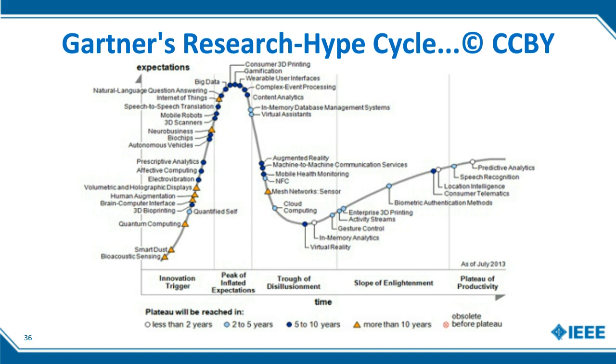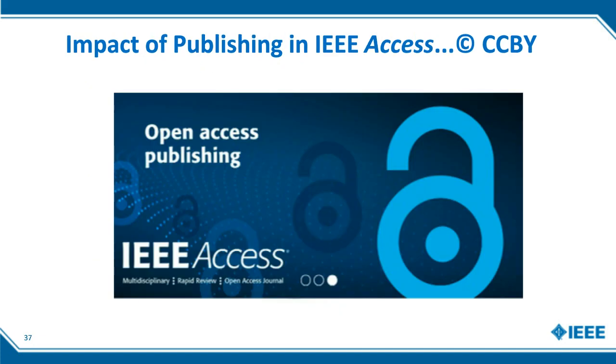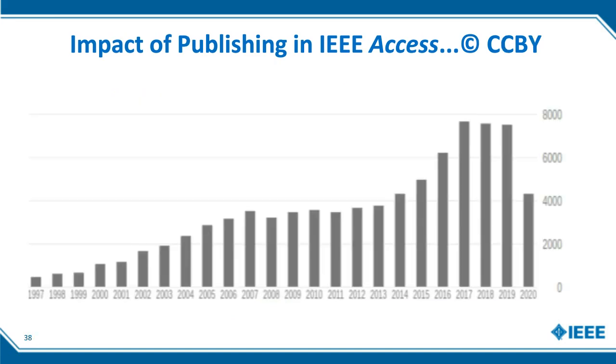So really, just to provide you with a specific example of how powerful Access is in this process. Some of you who work in signal processing and communications would know that millimeter wave communications is extremely hot at the moment. It became hot around about the same time when IEEE Access was started.